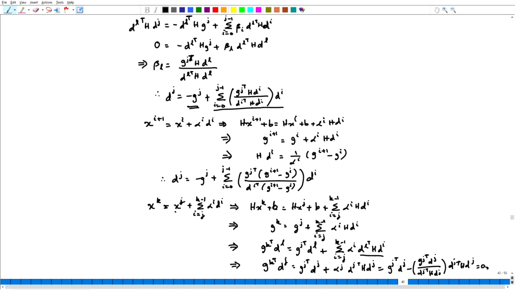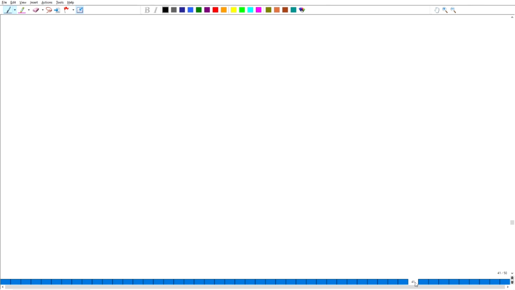So, the j here was arbitrary. Of course, j should be less than k; j can be 0, j can be 1, and so on up to k minus 1. So for any j such that k is greater than j, we can write that, therefore, gk transpose dj equals 0 for all j equal to 0, 1, up to k minus 1.